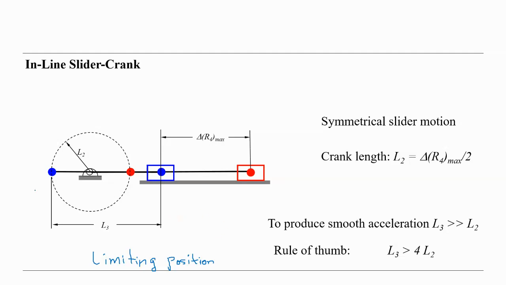This is the zero line, and this is the maximum stroke line showing the maximum stroke. Therefore, here you see this is L2 and this is L3, and this is the maximum stroke we are going to achieve, designing a mechanism for that.